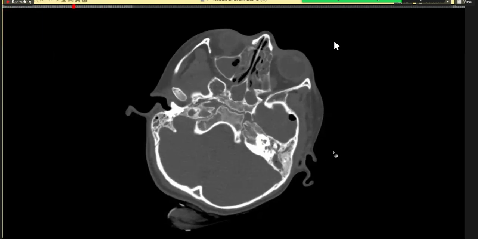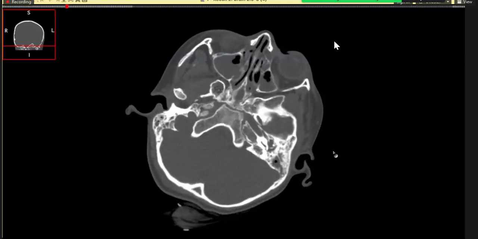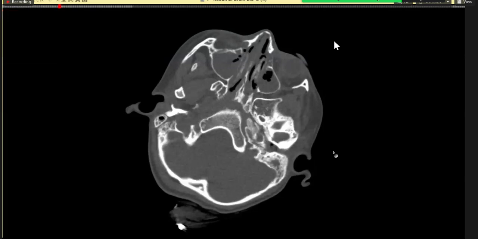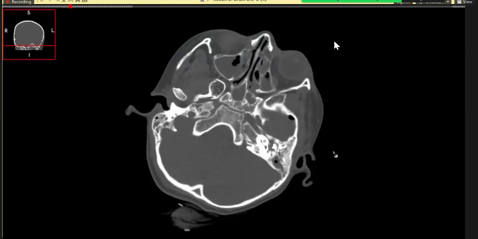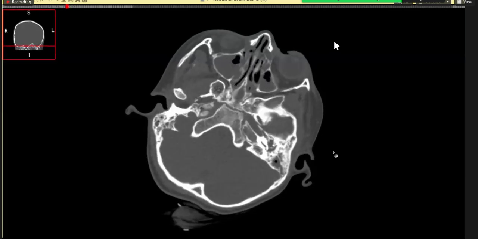Also complete opacification of the middle ear cavity, and there is a focus of air seen at the mastoid antrum. Also there is sclerosis of the left petrous bone and mastoid air cells.